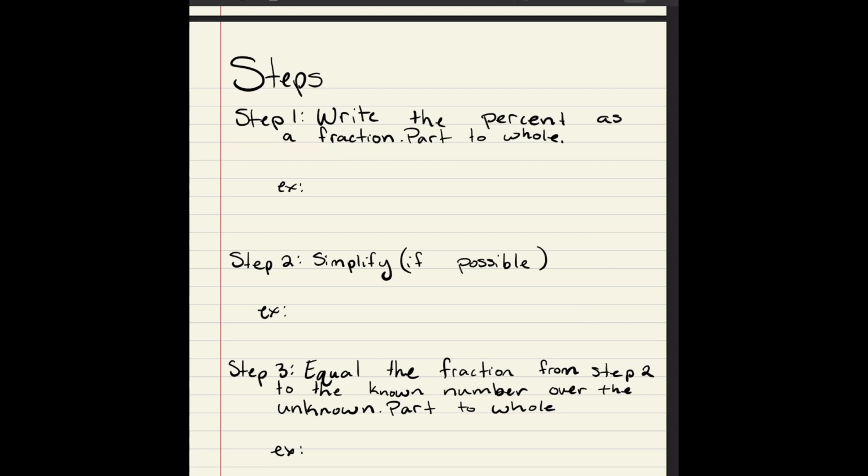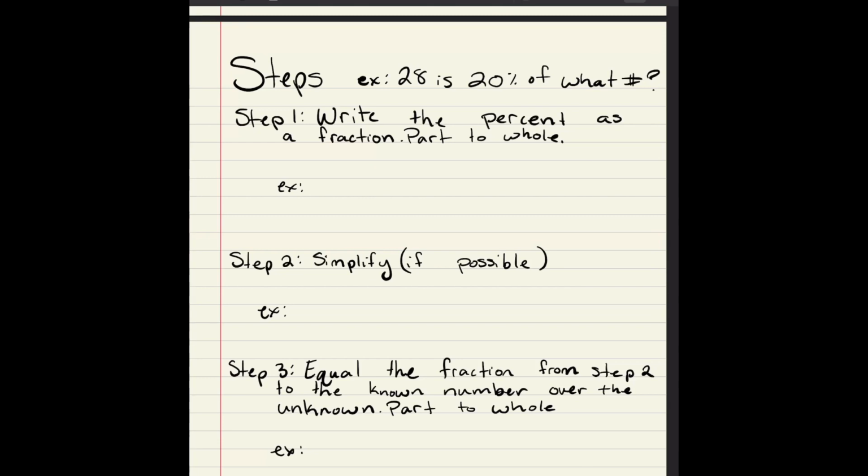All right, here are our steps. Step 1 is to write the percent as a fraction. Let's start by writing our example, which is 28 is 20% of what number?